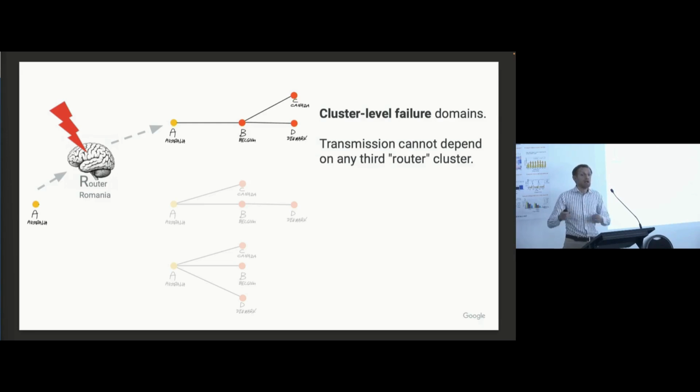So say we have a router on any third cluster R, right, sitting in Romania, why not?